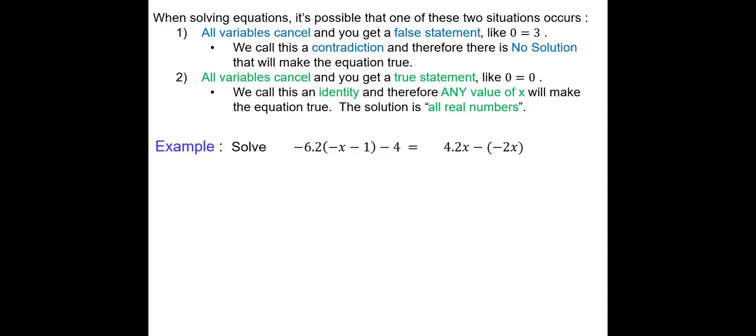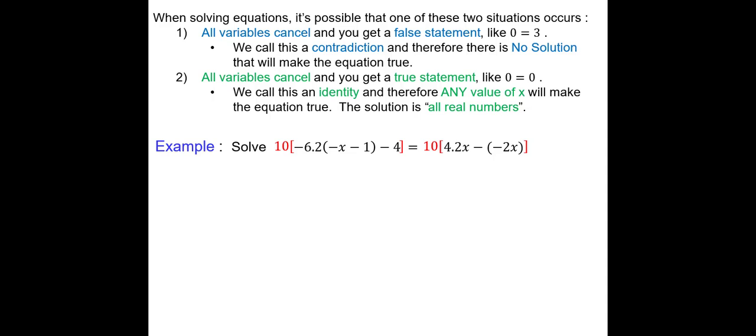So let's take a look at this example here. Here we recognize some decimals, and although we could go ahead and get rid of the parentheses in this first step, I think the easier method is to multiply everything by 10, which will immediately cancel out the decimal.